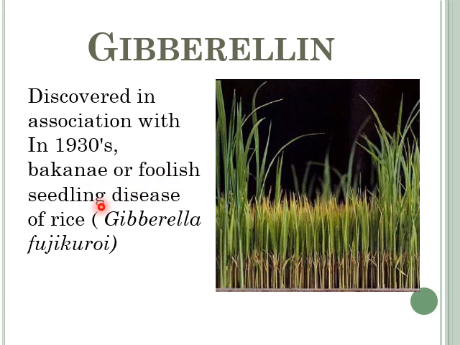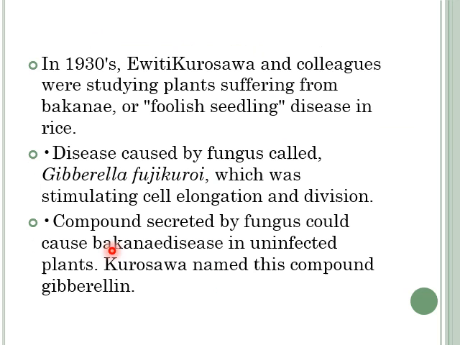The next is gibberellin, discovered in association with Bakanae, or the foolish seedling disease of rice, which is due to the fungus Gibberella fujikuroi. In the 1930s, Kurosawa and colleagues were studying plants suffering from Bakanae disease in rice, caused by the fungus Gibberella fujikuroi, which stimulated cell elongation and division.